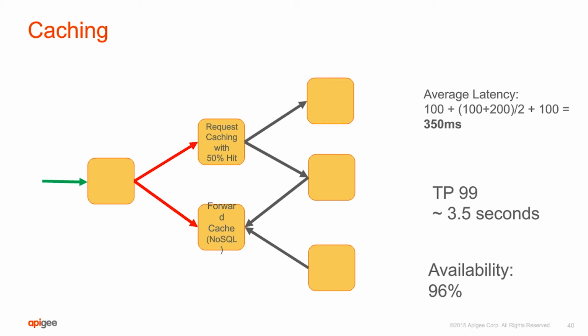You suddenly increase the performance. You decrease the latency, both on average but more importantly at TP99, and you also increase availability. So that's some of the things that Apigee does to help you around that.